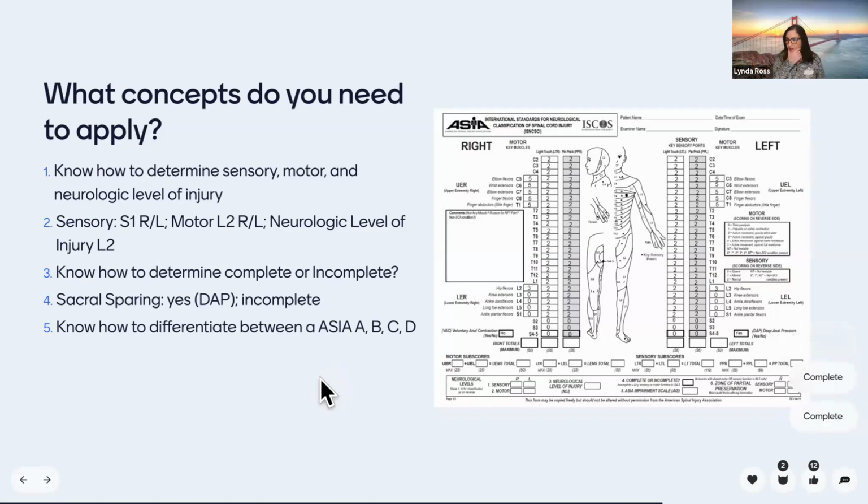What is that? Only sensory, right? Sensory incomplete. When it comes to the ASIA B, you really need to understand what that means. You're saying only sensory, but what is that?